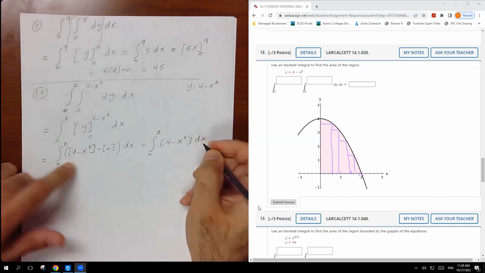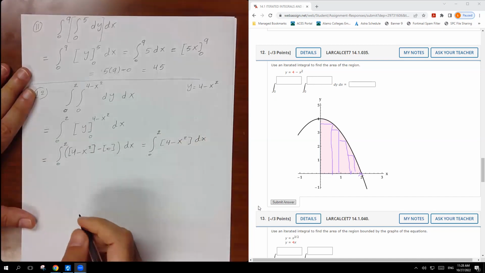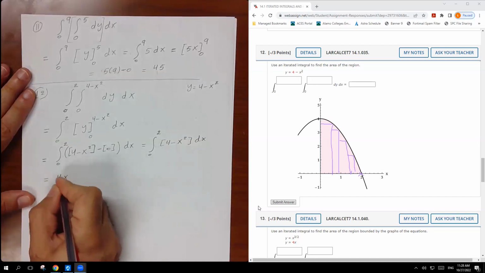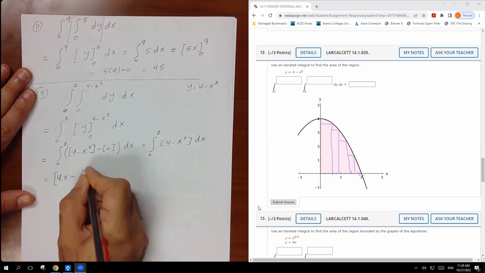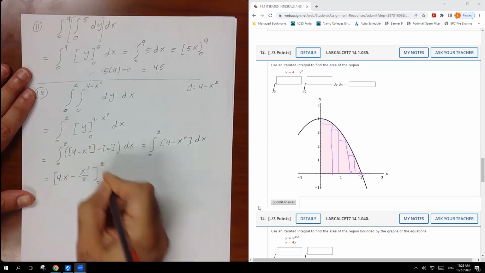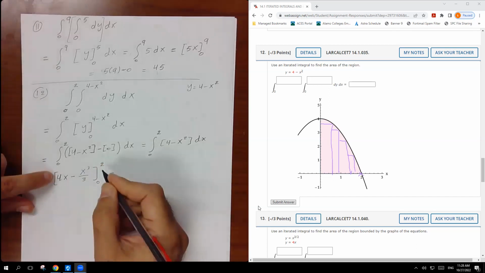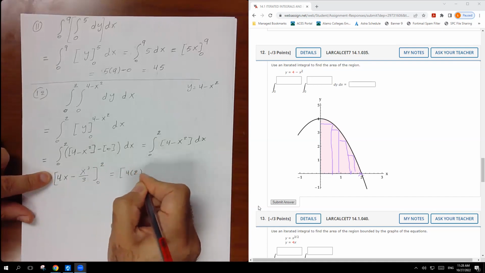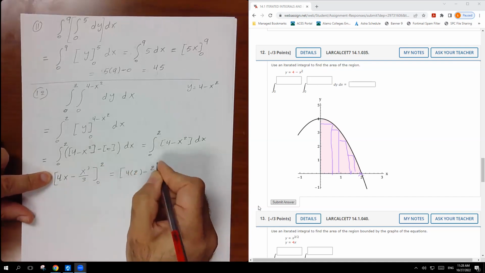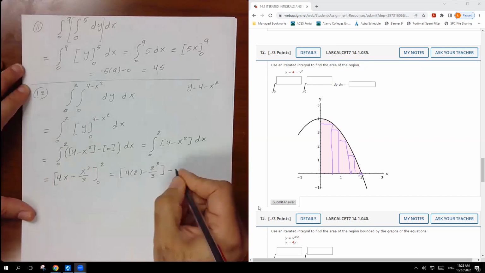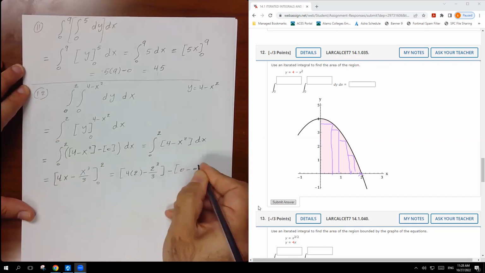dx. Now let's find the integral with respect to x. So it's going to be 4x minus x cubed over 3 from 0 to 2. And this one is going to equal, plug in 2, so it's going to be 4 times 2 minus 2 cubed over 3, minus, plug in the 0, which is 0 minus 0.